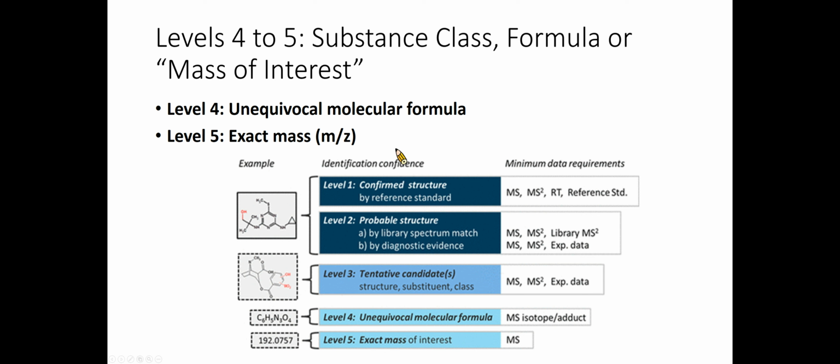Level 5, exact mass, can be measured in the sample and be of specific interest for the investigation, but lacks information to assign even a formula. Screening and non-target methods allow the tracing of these masses in other investigations, but level 5 indicates that no unequivocal information about the structure or formula exists.